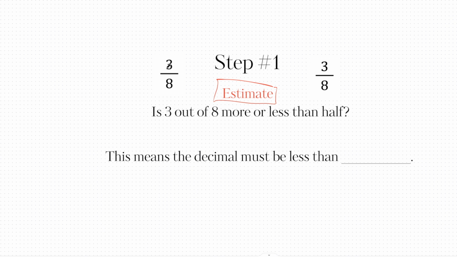Did you make more or less than half? The answer is less, because 4 would be the middle and 3 is less than that. So this means that the decimal must be less than 0.5 or 1/2. Keep that in mind as we do the long division. It helps a little bit.